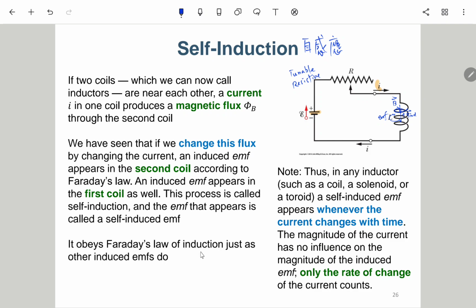It obeys Faraday's law of induction just as other induced EMFs do.